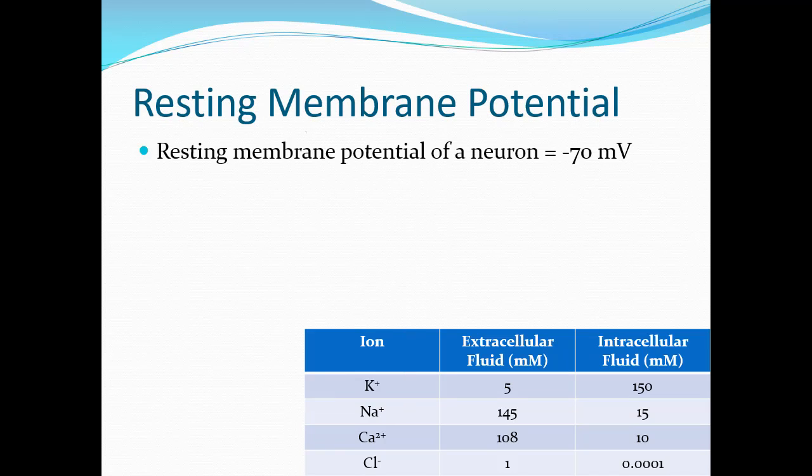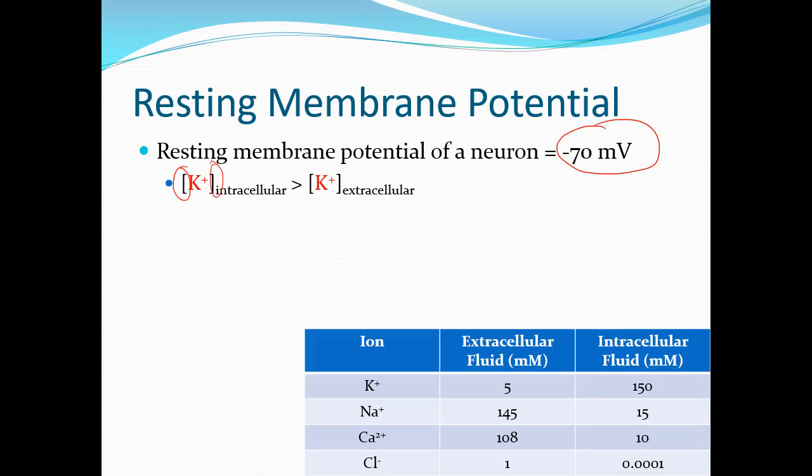So here is showing you the different ions and where they're concentrated. Once again, the resting membrane potential of a neuron is negative 70 millivolts. Generally speaking, potassium, we just said, is going to be more on the inside compared to the outside. These brackets show you the concentration.